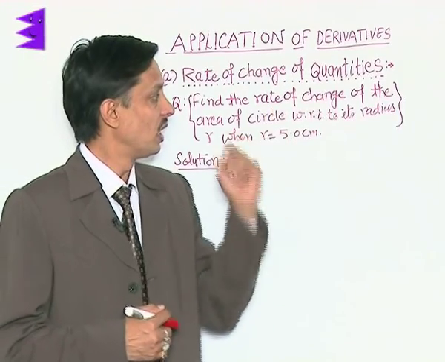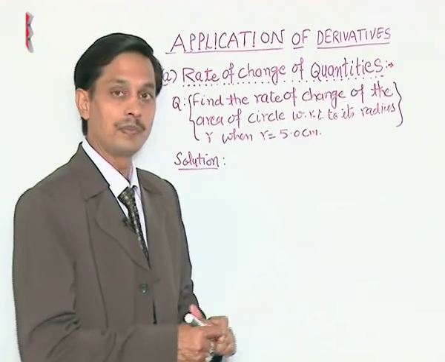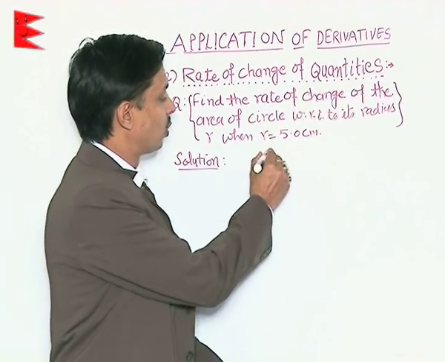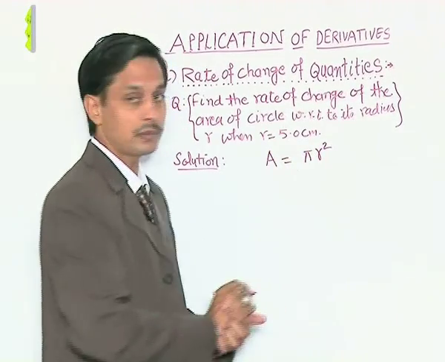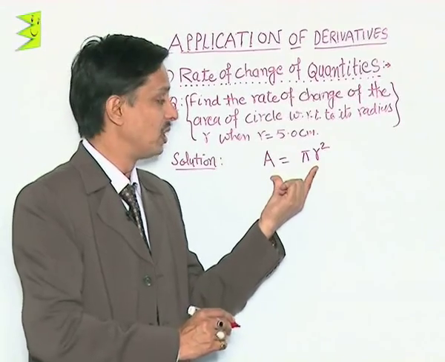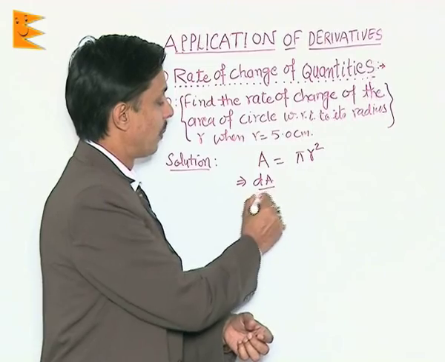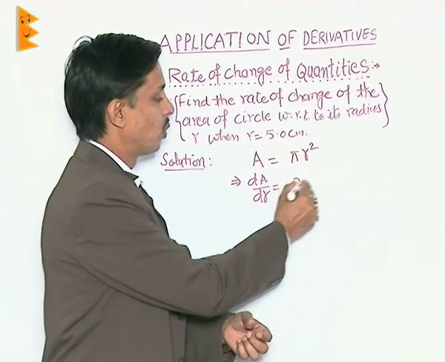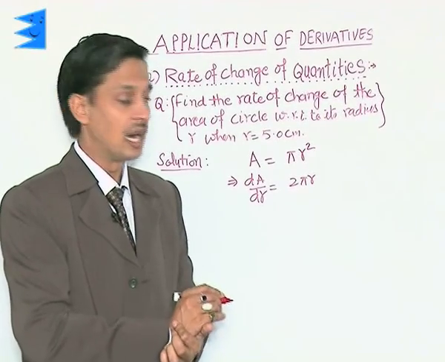In general, if a question asks to find the rate of change of the area of the circle, if the radius is r, we know that the area of the circle is given by pi r square. On differentiating both sides with respect to r, dA upon dr is equal to 2 pi r.